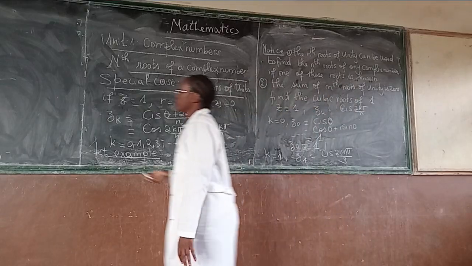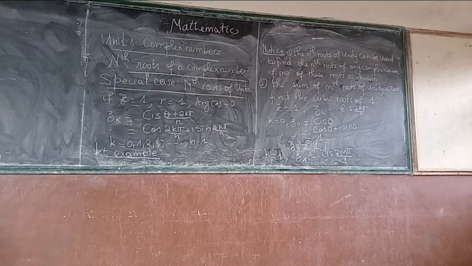This will be equal to cosine of 2π/3 plus i sine 2π/3.